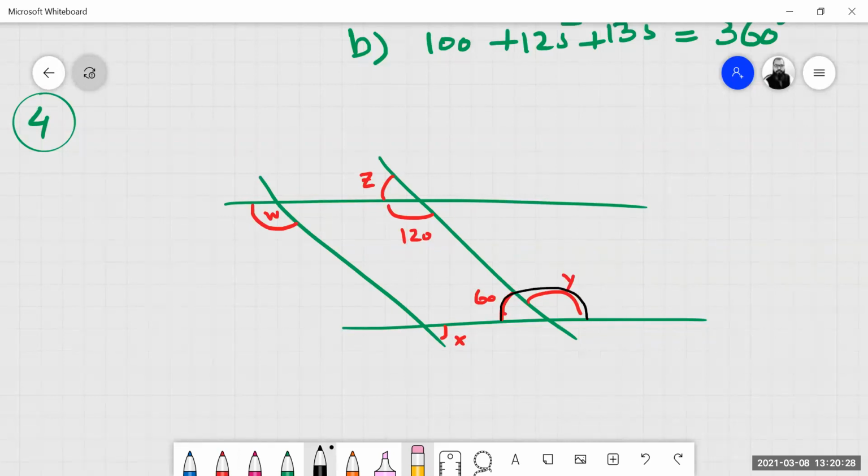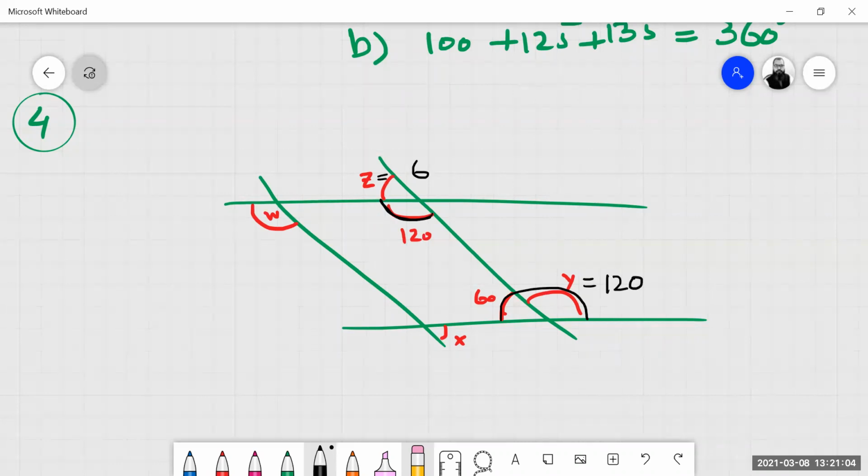This is 60, and 180 minus 60 is 120. So Y is 120. Okay, what will be Z? From here to here, 120. What will be the next? 60. Yes, 60 here.